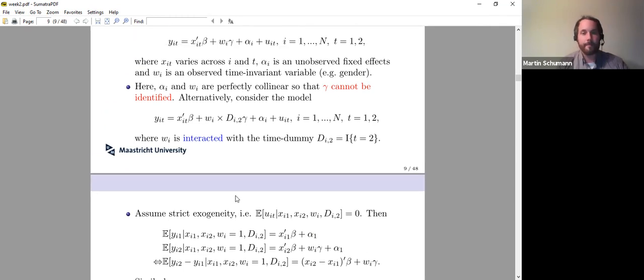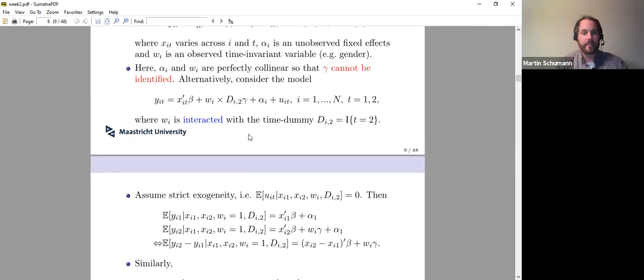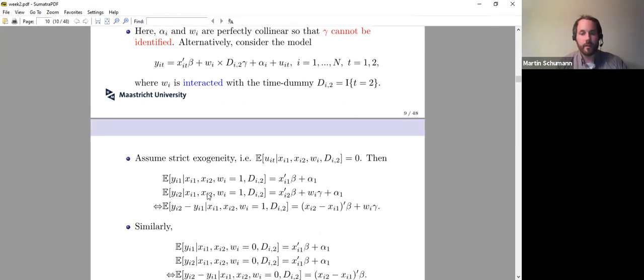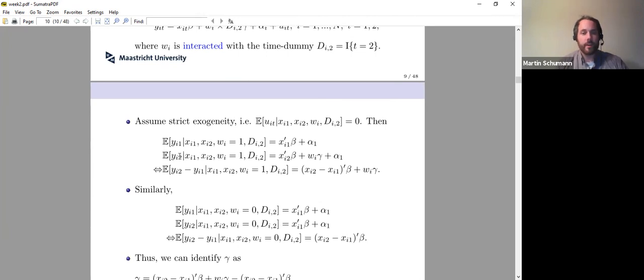But the important part is that this dummy variable in the first time period will be 0. So you see that the gamma does not appear here, and also, of course, the W. Here we are in the second time period, and now the WI gamma appears.